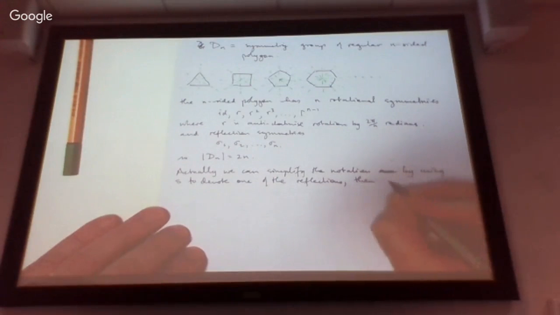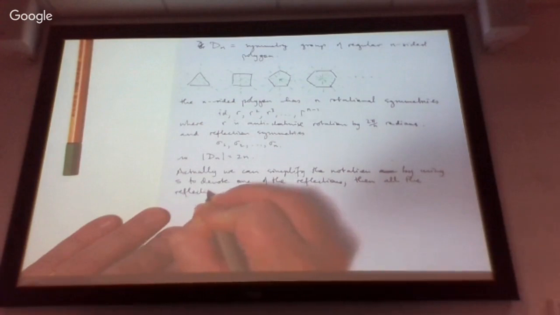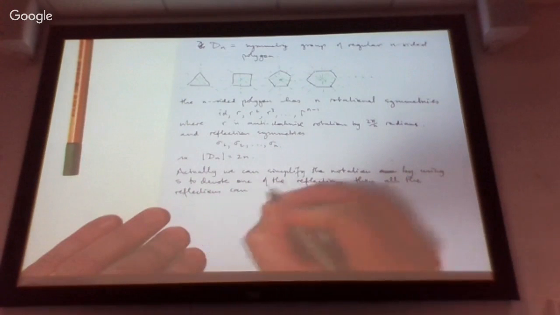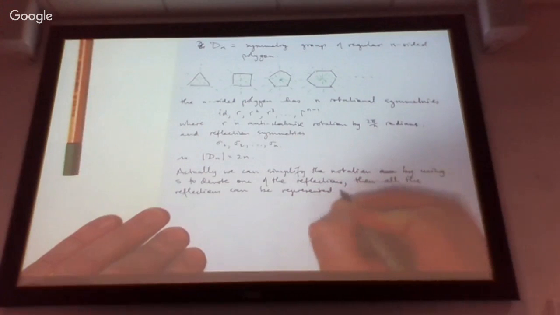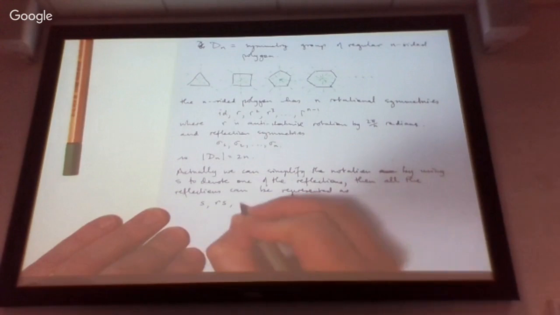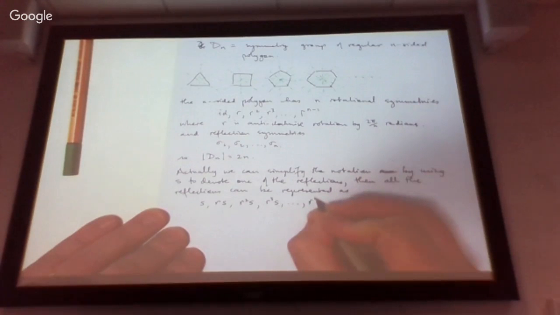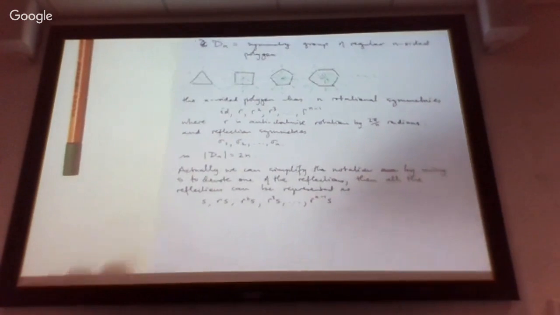Then all the reflections can be represented as s, r after s, r squared after s, r cubed after s, etc., all the way up as far as r to the n minus 1 after s.